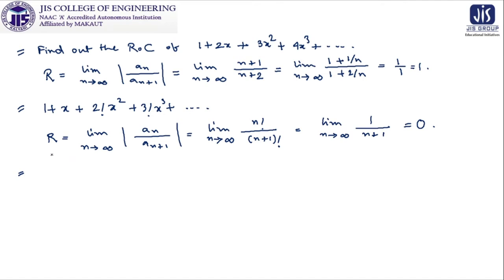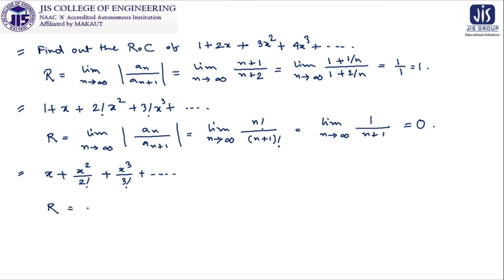Now we can think of the radius of convergence for one more problem. Suppose it is given as x plus x square by factorial 2 plus x cube by factorial 3 plus dot dot dot.